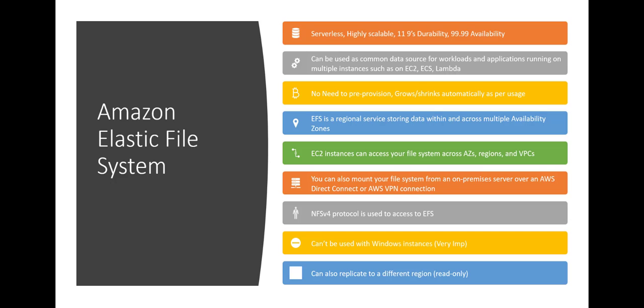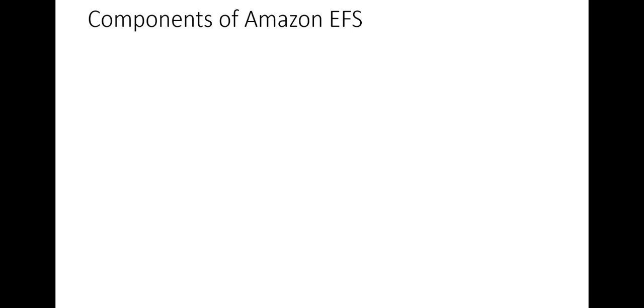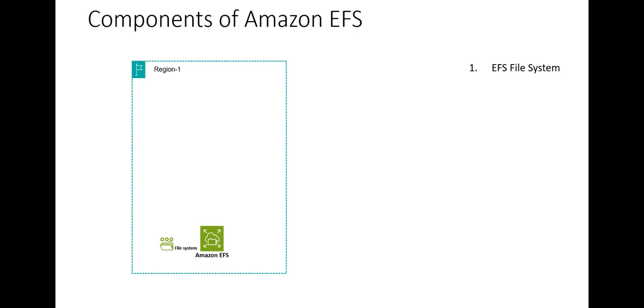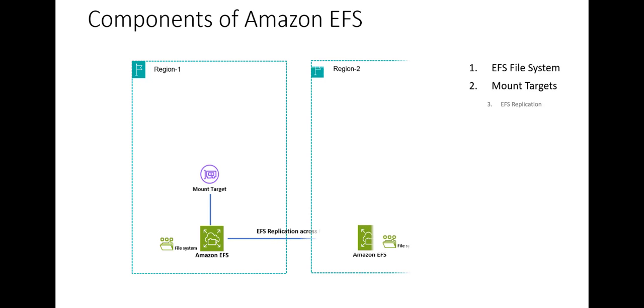Now let's talk about its components. The first component is the AWS EFS file system itself, which you create as the very first step. Then you need to create something called mount targets, and these mount targets get attached to your EC2 instances or your Linux servers on your on-prem.